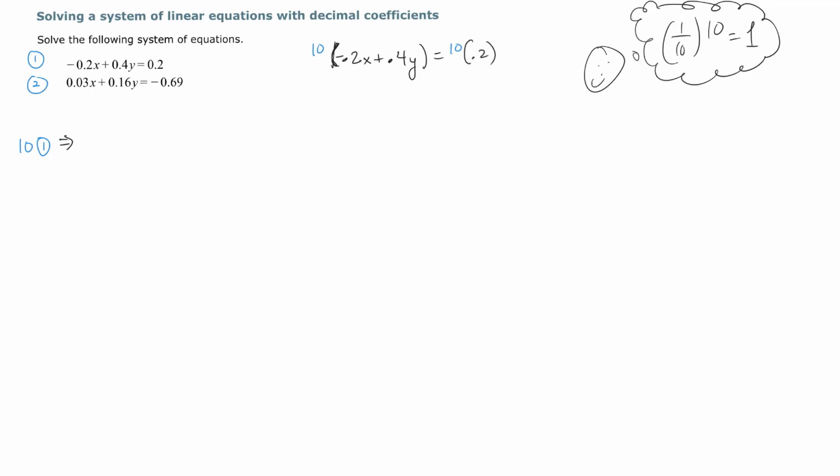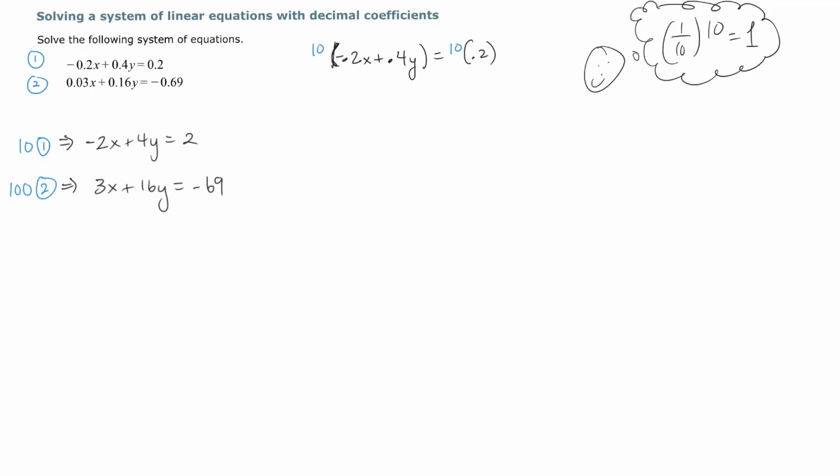So 10 times equation 1, we get negative 2x plus 4y is equal to 2. Now, the second equation has two decimal places, so instead of using 10, we're going to use 100. That way we balance that equation and still have integers in the end. So this is 3x plus 16y is equal to negative 69.